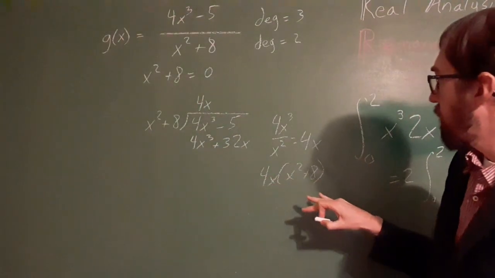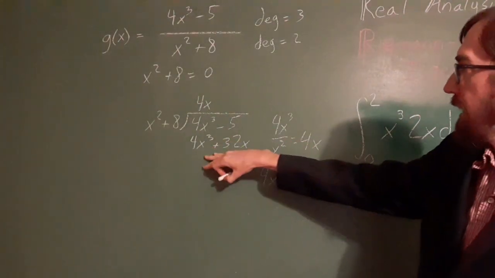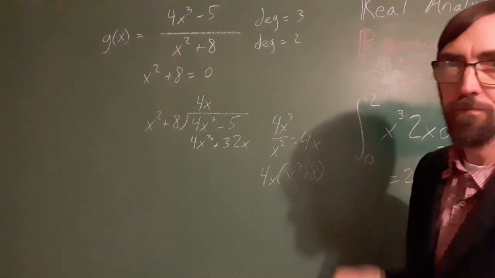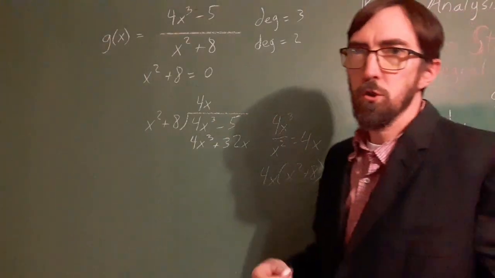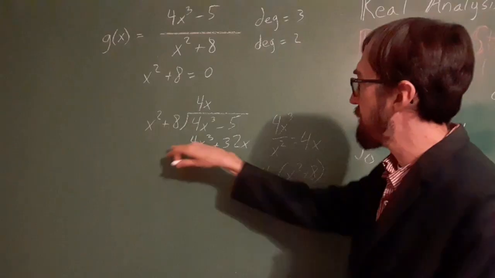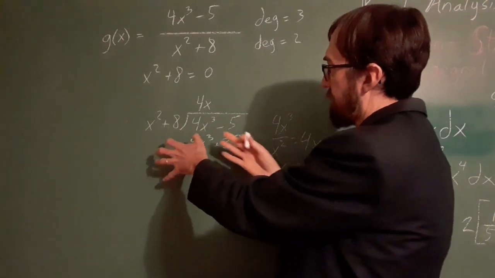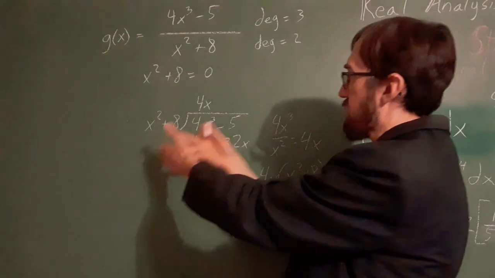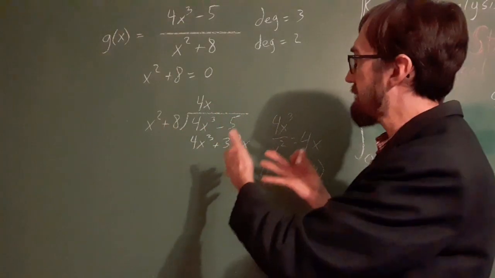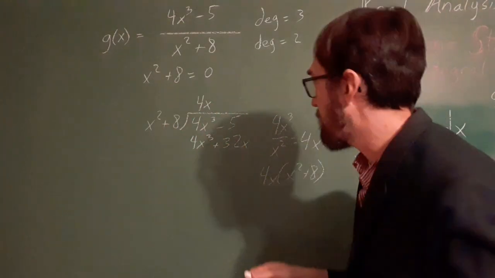Now, we are going to subtract this from what we have. This is where trouble can show up. Because we are subtracting polynomials, the negative of the subtraction is distributing across this second polynomial.